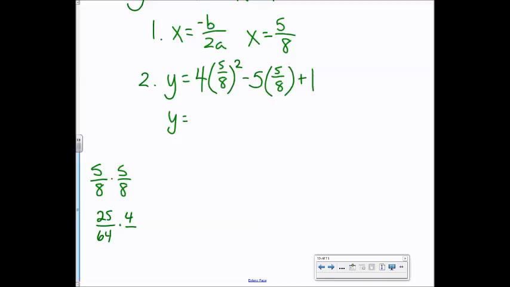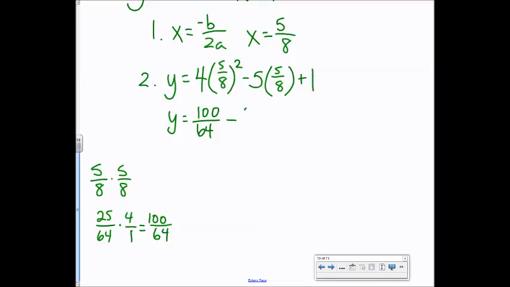Not by each other, because one's on top and one's on the bottom. If I have 4 quarters, how much money is that? $1. So it's like 100 cents. So 25 times 4 is 100. And then what's 64 times 1? 64. All right, so 100 divided by 64. So that's my fraction there. Minus, what's 5 times 5? 25 over 8 plus 1. And here, I would just put that in my calculator.